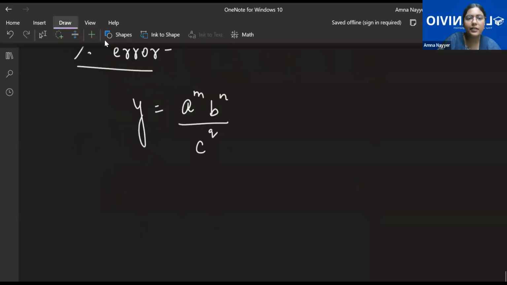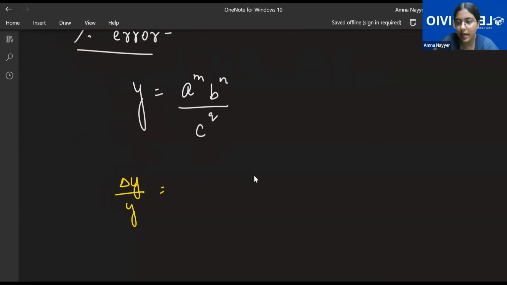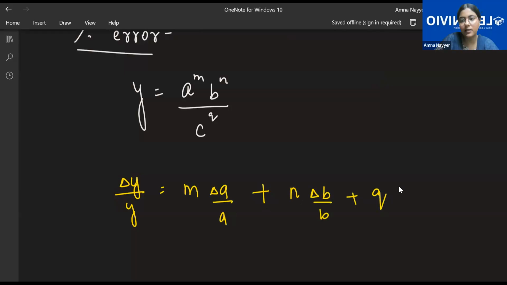So when I'll be writing it in terms of the percentages, I'll write delta y by y is equal to, tell me, dictate, Maha, how should I write? M into delta A by A, yes, and then plus N into delta B by B, correct, plus Q into delta C by C. Yes, right.